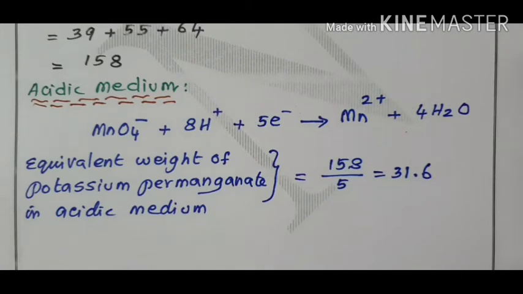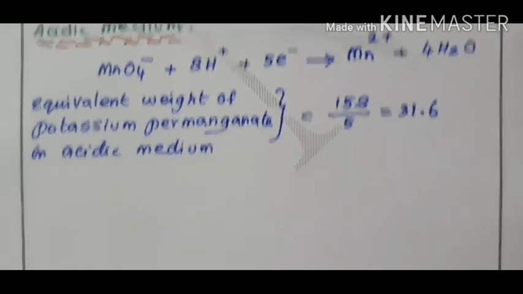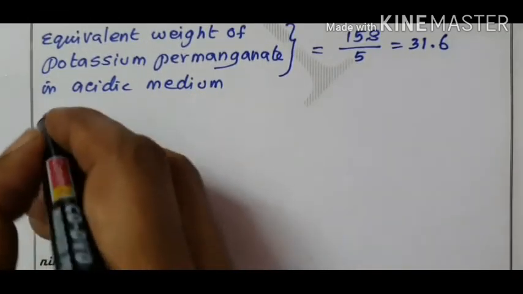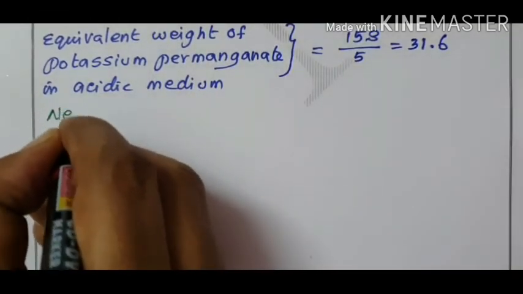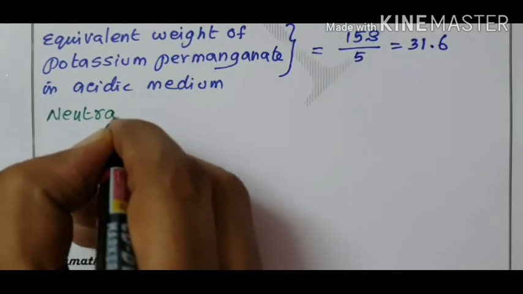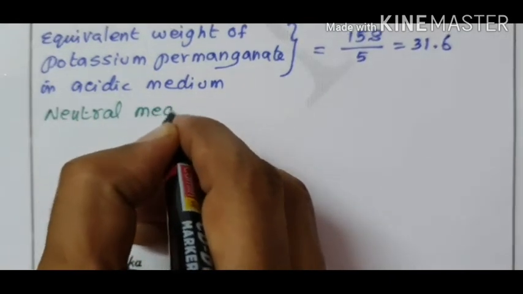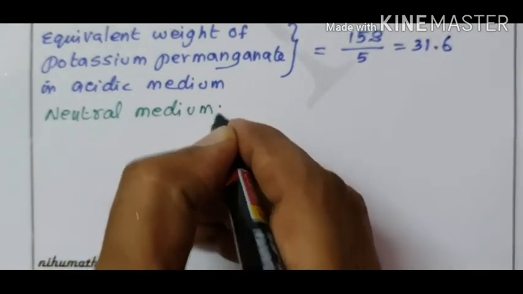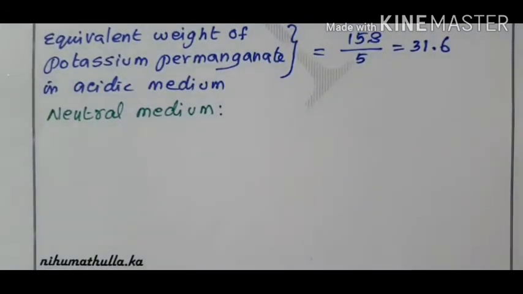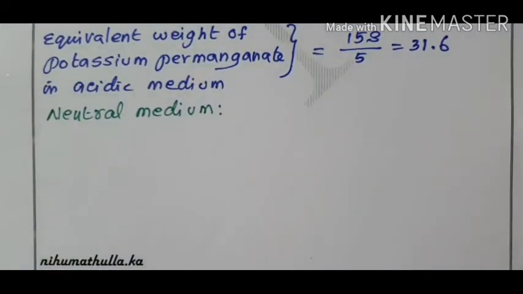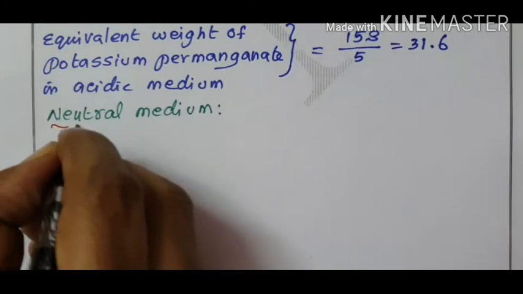Then we are going to change the medium. Now, how to calculate the equivalent mass in neutral medium? In neutral medium, how is the permanganate ion reduced, and how do we balance the ionic equation in neutral medium?